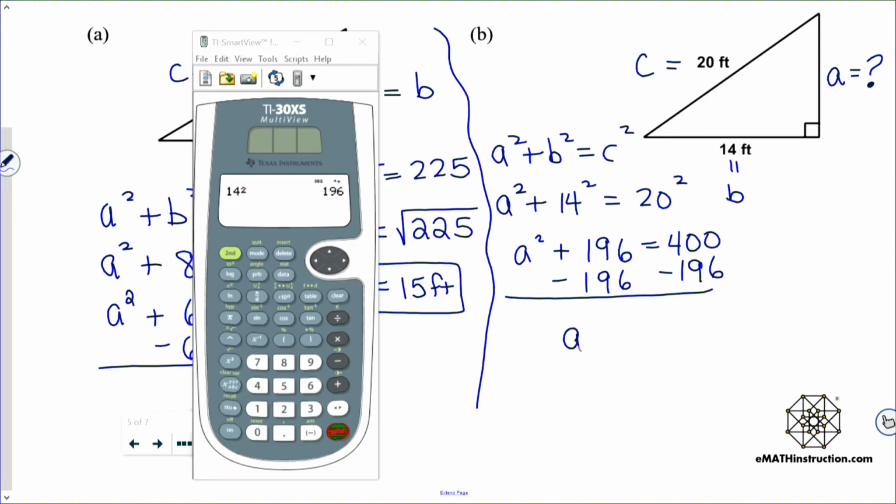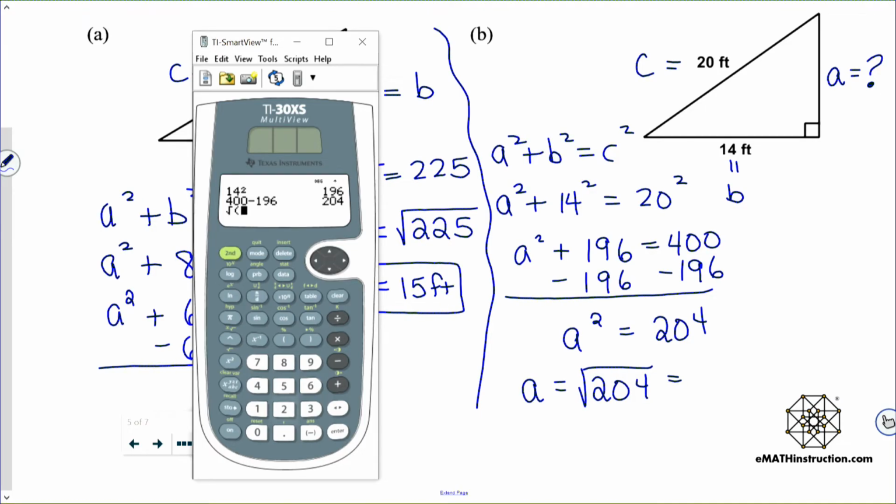All right, that'll leave me with A squared equals 400 minus 196, 204. And now I'm going to take the square root of 204. Let's do that. The square root of 204 gives me 14.3, let's say rounded to the nearest tenth.